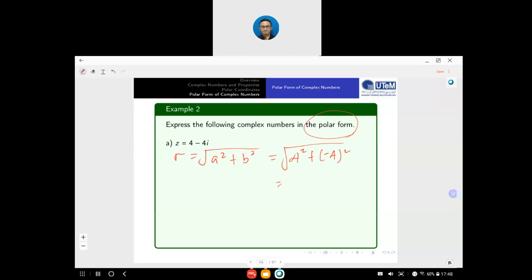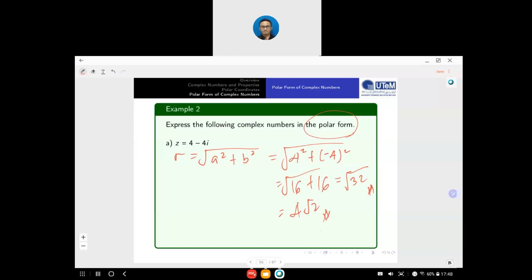Look at the example. Plot the complex numbers A equal to 2 plus 2i, B equal to 2 minus 2i, C equal to negative 3 plus 2i, D equal to 8i, E equal to negative 4 minus 2i, and F equal to 5.